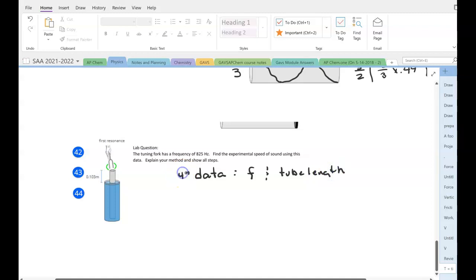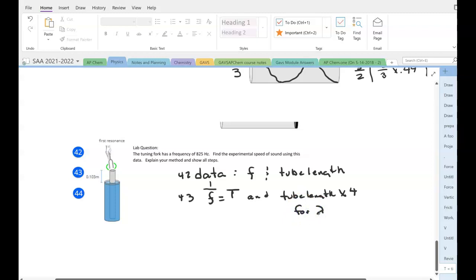That was 42. 43 asked for you to say that you're going to change frequency, where the inverse of frequency is equal to period, and you wanted to multiply tube length times 4, because you have a quarter wave, to get the wavelength.